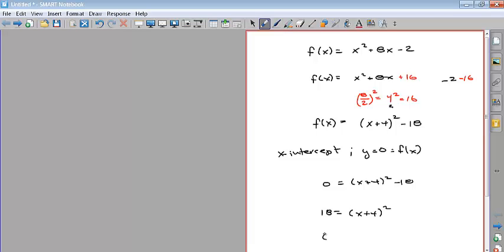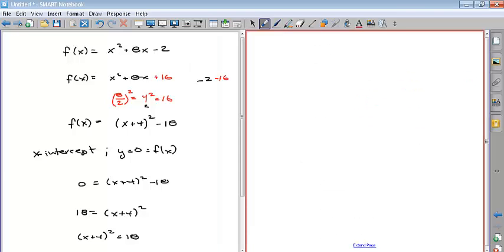Then you would switch the sides, just so I have the x on the left-hand side. Then you take the square root of both sides, so that'll give you x plus 4 equals plus or minus the square root of 18. And then you subtract 4 from both sides, so you get negative 4 plus or minus the square root of 18, which is negative 4 plus or minus 3 times the square root of 2. I've just said 18 is 9 times 2, and the square root of 9 is 3.